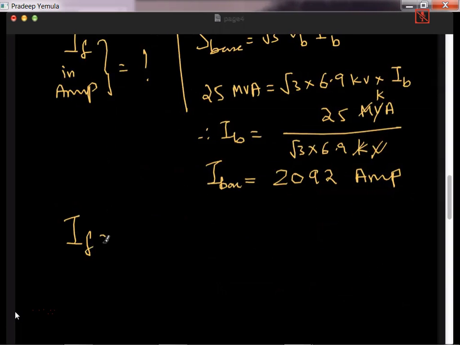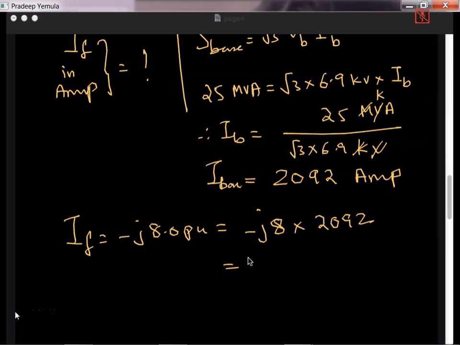So I fault is minus J8.0 per unit, which is nothing but minus J8 into 2092. That is nothing but 8 into 2092, that is 16,736 amperes. This is a huge current. This is fault current at point P.